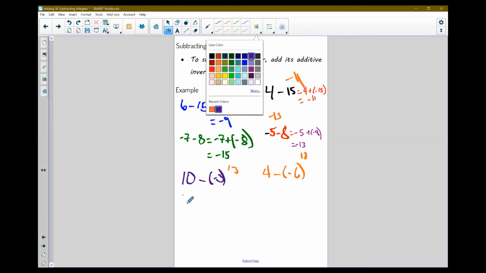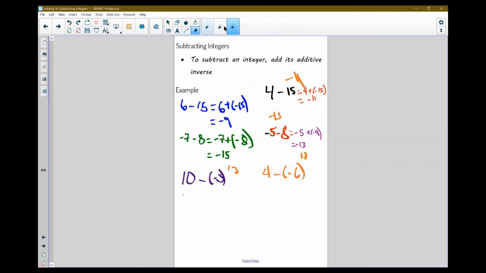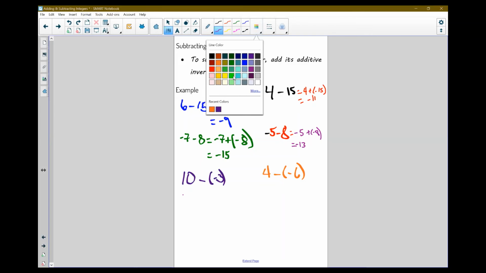All right, so 10 minus -3, and we have 4 minus -6, and you be like, how in the world do I solve this problem? Let me help you. Doesn't hurt to ask. That's why we're doing this, to help y'all out, either on a math test or to get a better score.